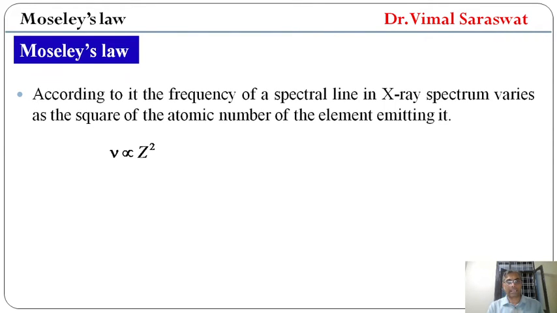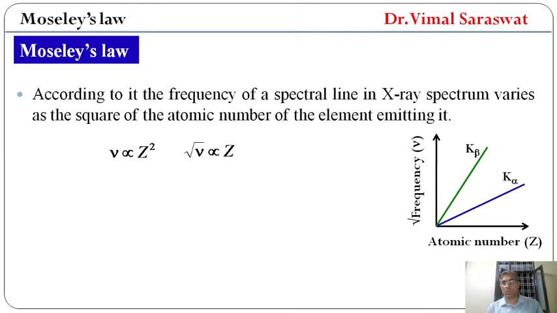Now, taking the square root on either side, we get root nu is directly proportional to Z. Here Z is the atomic number of the element emitting X-rays and nu is the frequency of a spectral line in the X-ray spectrum.